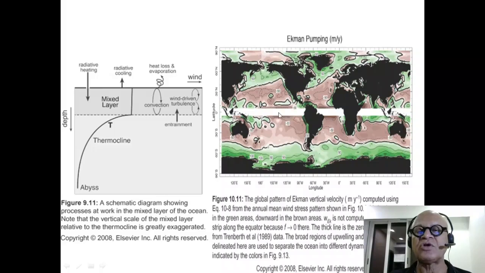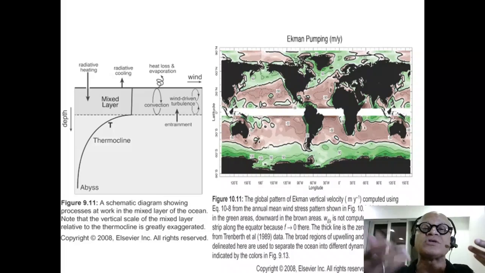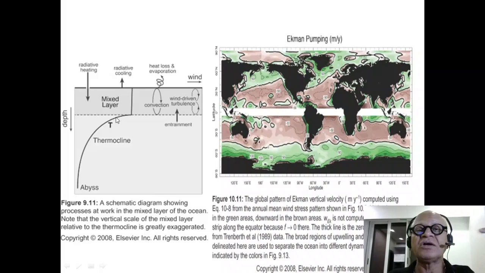Even though we cannot compute it on the equator because there is an f in the denominator, we know that there is Ekman divergence on the equator, which lifts the thermocline up, brings the cold waters close to the surface, but makes this gradient stronger, in which case you either need a lot of cooling to break through that stratification and entrain colder waters, which happens in the Arabian Sea during the winter, for example, or you need strong winds to produce wind-driven turbulence, which happens in the regions where there is actually upwelling and surface cooling.